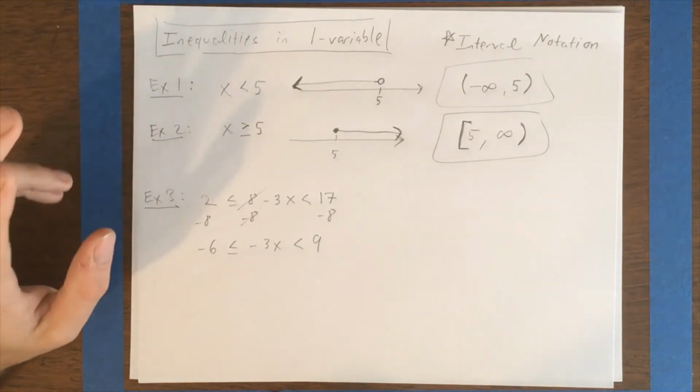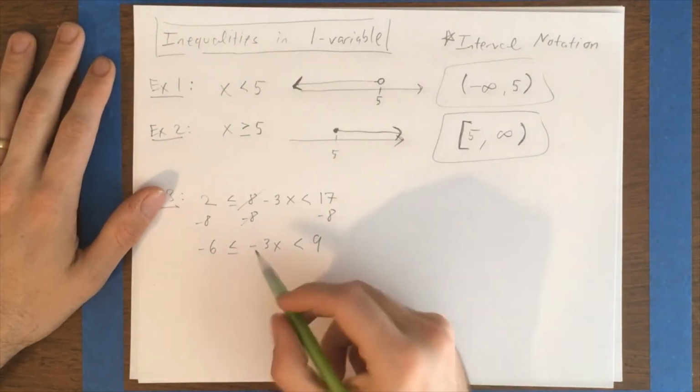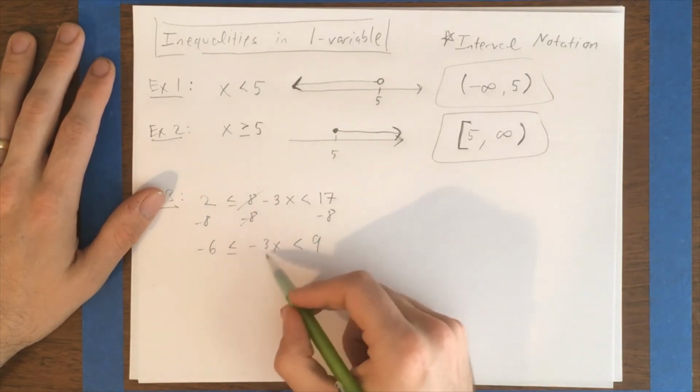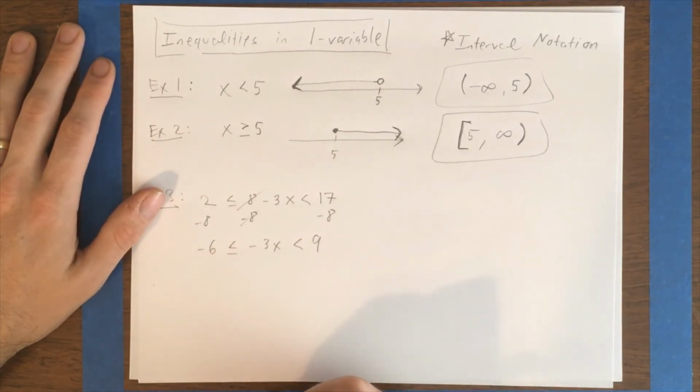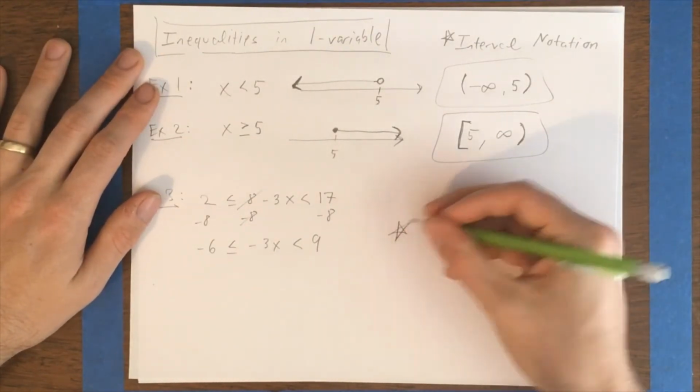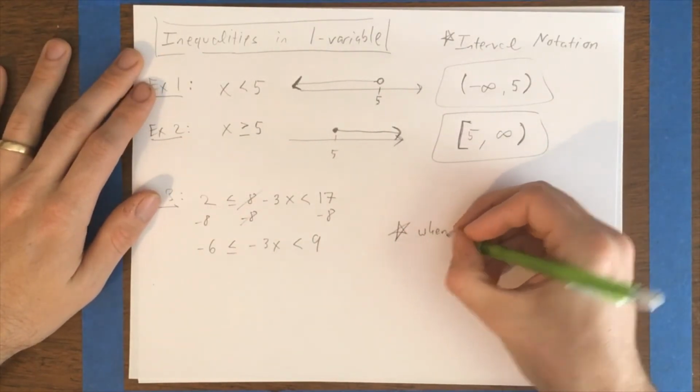All right, so now what we would want to do to isolate x is divide by this constant it's multiplied by. So since it's multiplied by negative 3, we'd want to divide by negative 3. But there is a rule. I'll write it down.